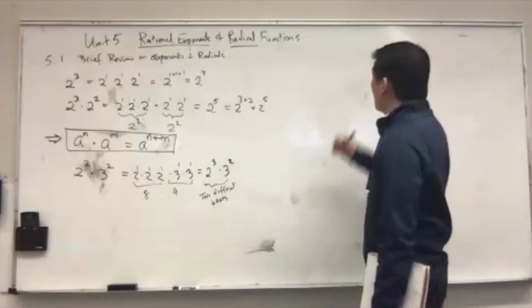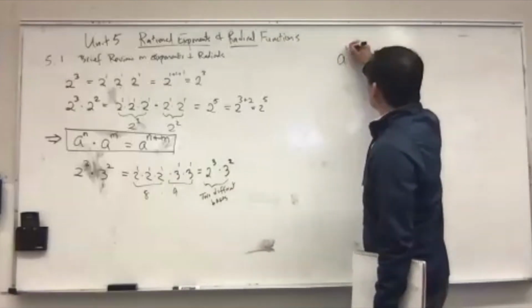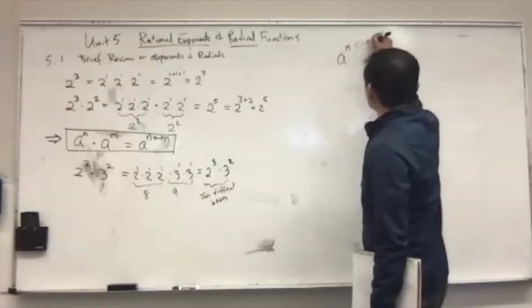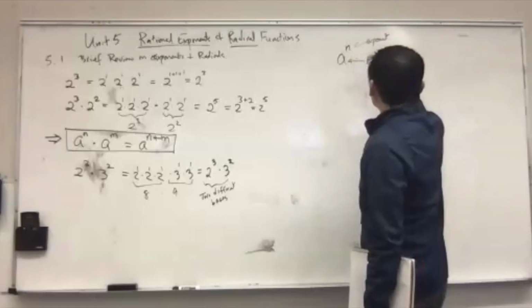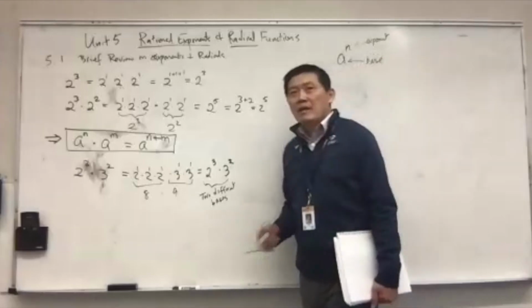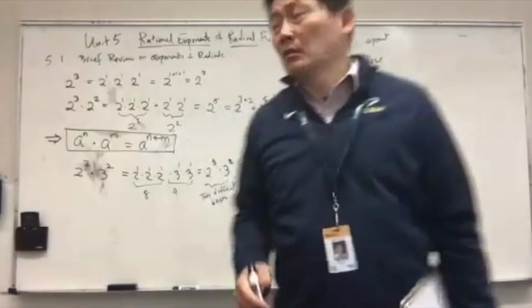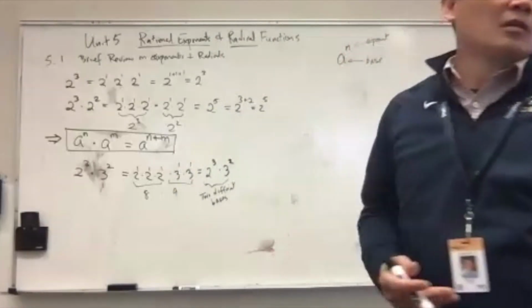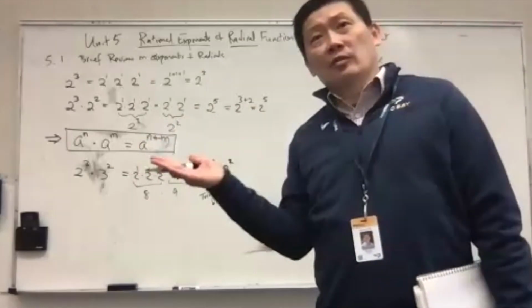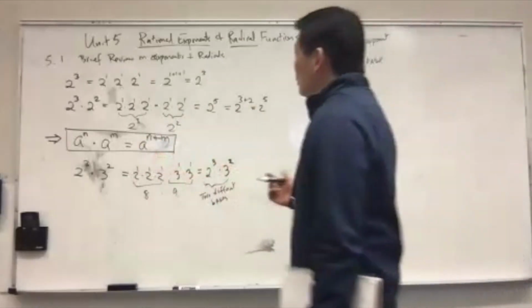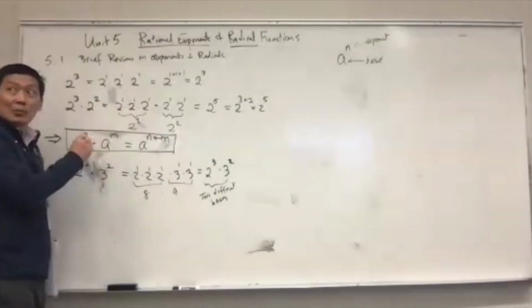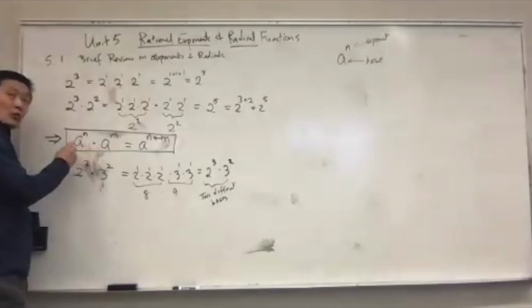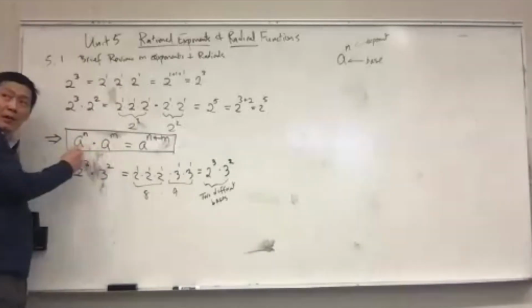What's a base? It will be a to the n power: this is the exponent, and this is the base. When you have two different bases, you can't really do anything with the exponents. You can only add the exponents when you have the same base and there's a multiplication.